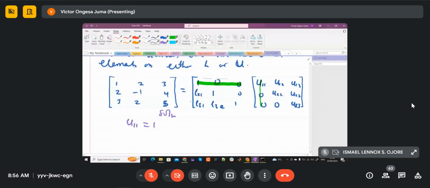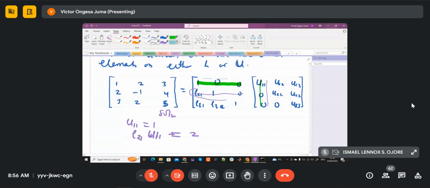But if you go systematically, if I multiply, for example, this second row by the first column, what do we have? I'll have L21 multiplied by U11, and then plus, the others are zeros. You get 2.